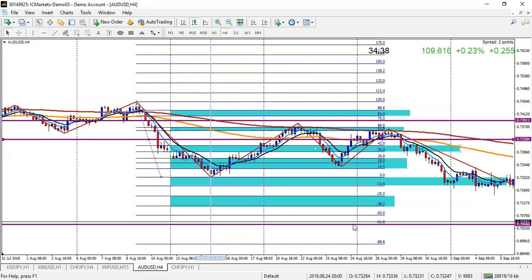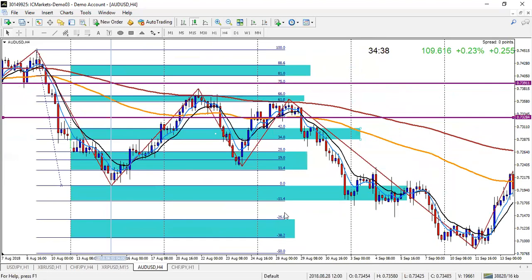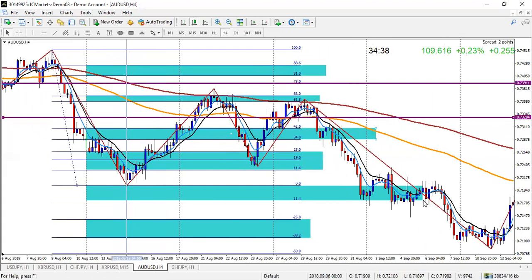Just put a horizontal line at the 61% right here. All right. So what happened was, it hung around in that area for a while, and then let me drag this out a bit.